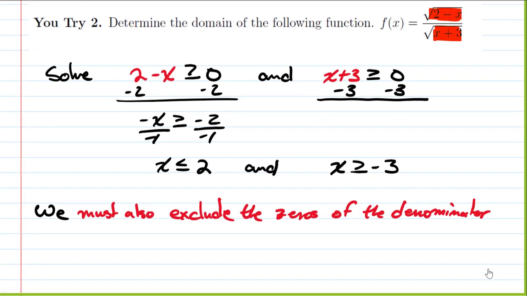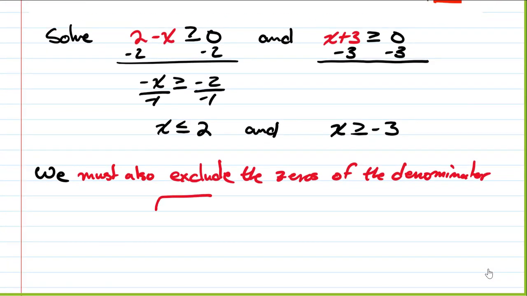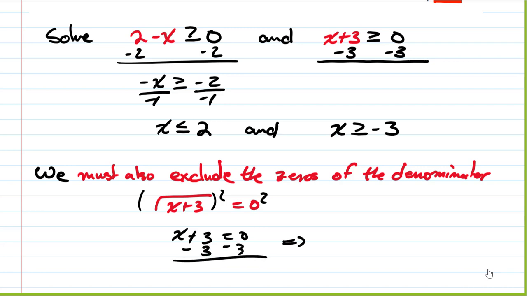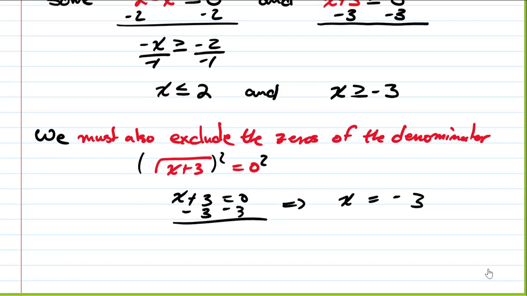So looking at our denominator, well, what makes the square root of x plus 3 equal to 0? Well, if we were to solve that, we square both sides and we get x plus 3 equals 0. We minus 3, and that gives us x equals negative 3. But since we're excluding it, x cannot equal negative 3. So we need to resolve our AND type inequality.